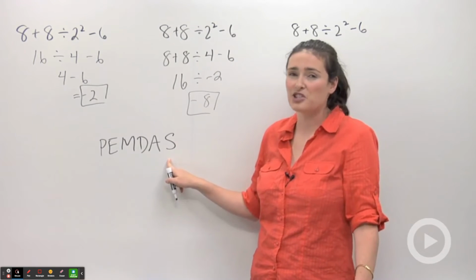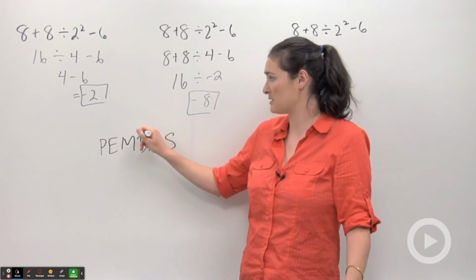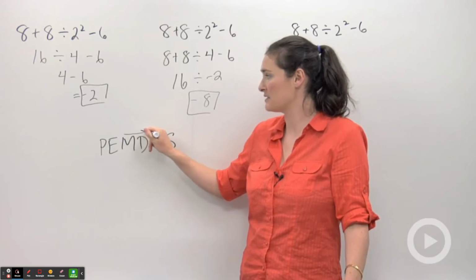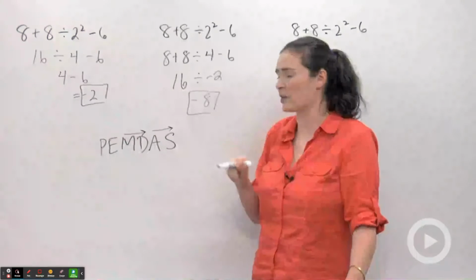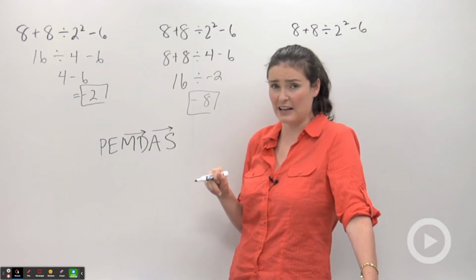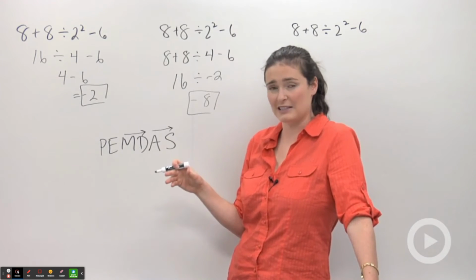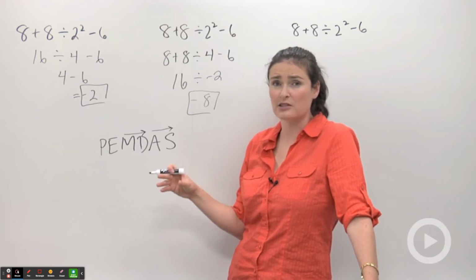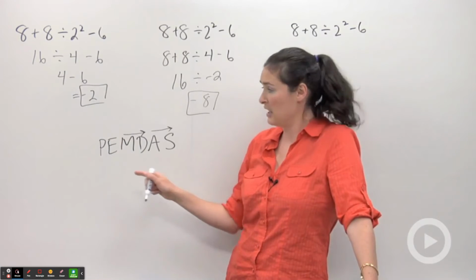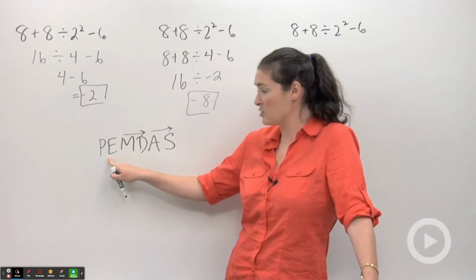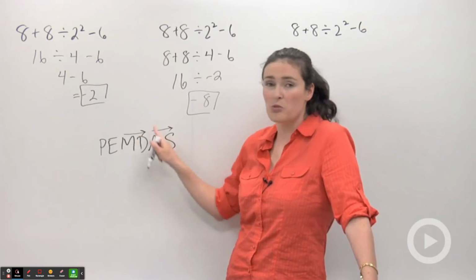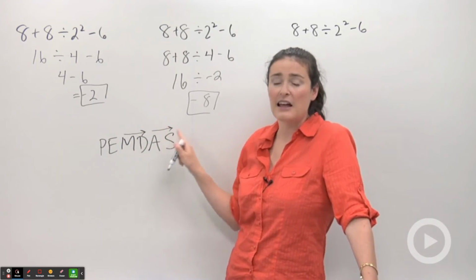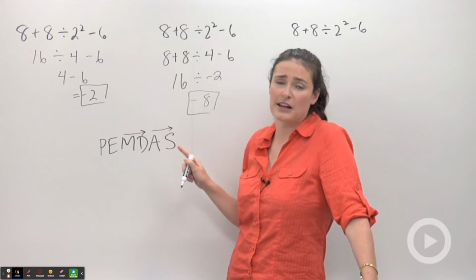Before we go on, I'm going to show one other trick to this PEMDAS business, and that's these little arrows that help me, because when you come to multiplying and dividing, or the adding and subtracting step, you need to be really careful to move from left to right. You do parentheses first, then you do the exponents, then you do multiplying and dividing from left to right, then you do adding and subtracting from left to right.